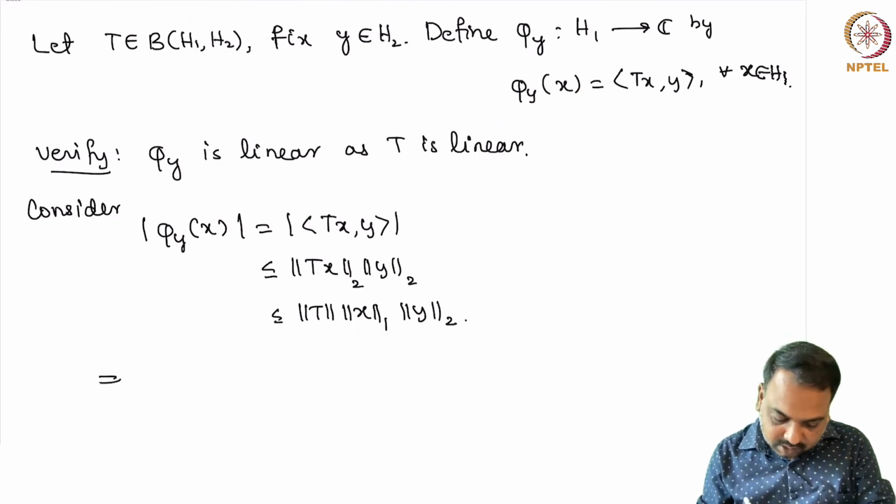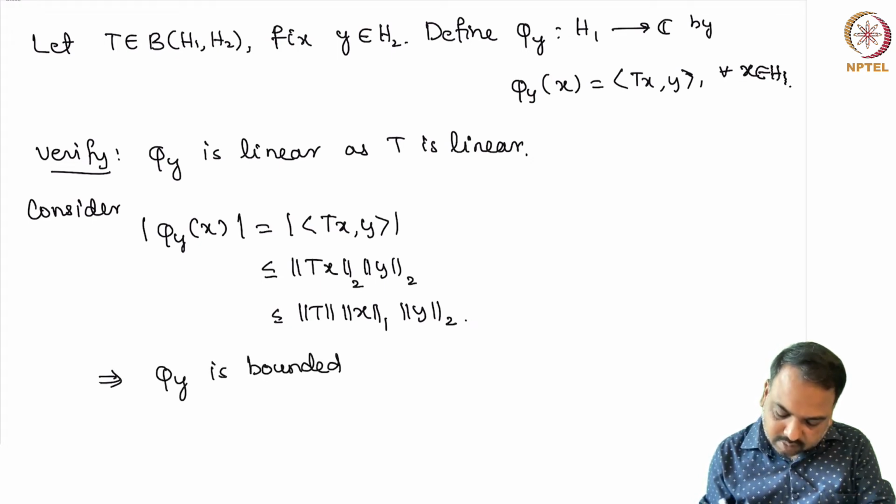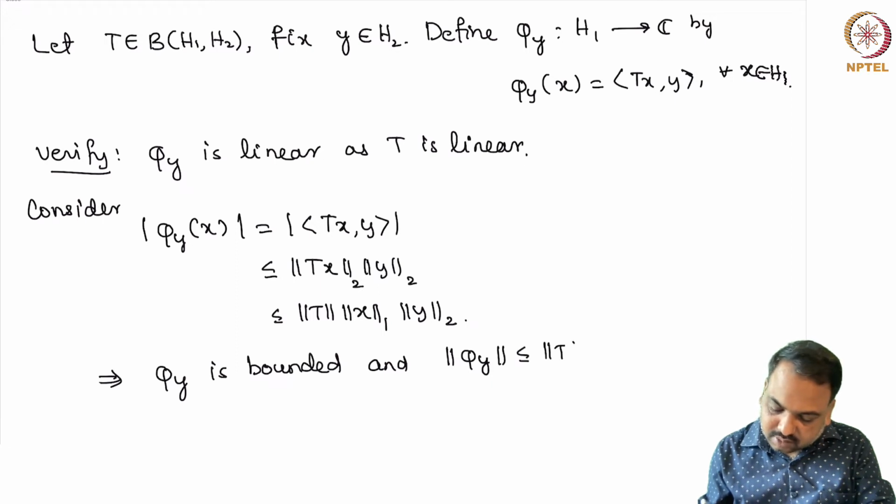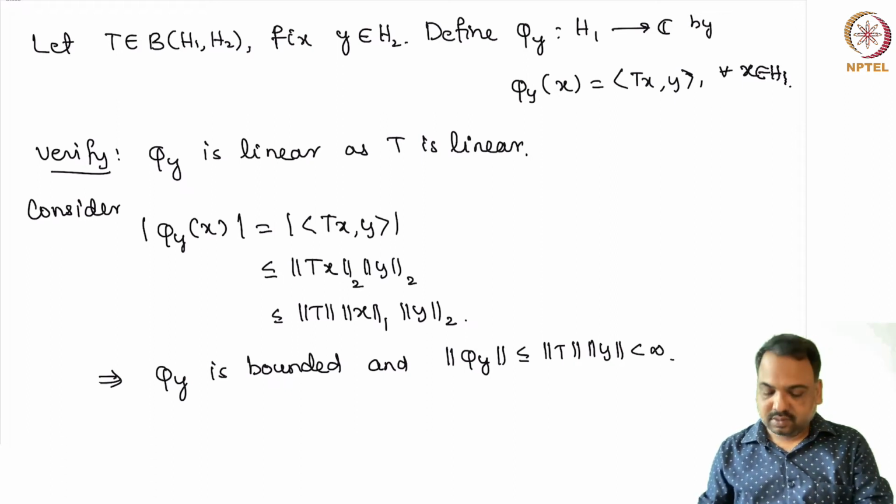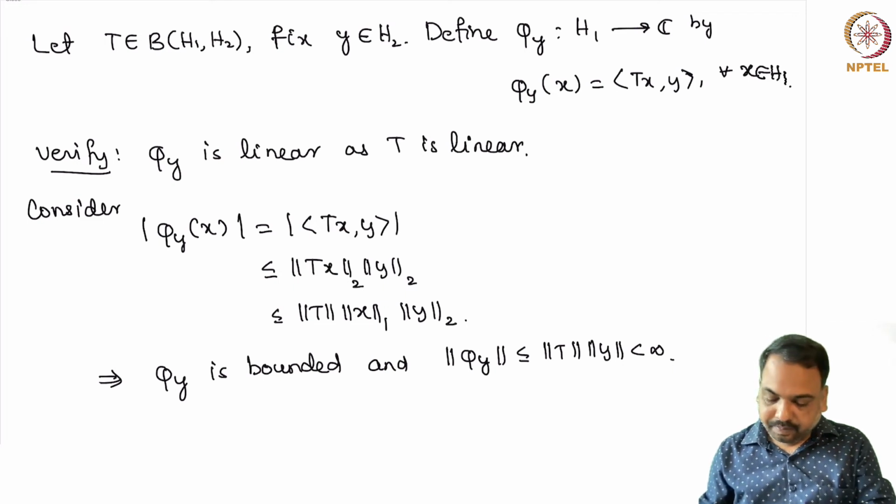So this implies that phi y is bounded, and not only that, the norm of phi y is less than or equal to norm T into norm y. So this is a finite quantity.